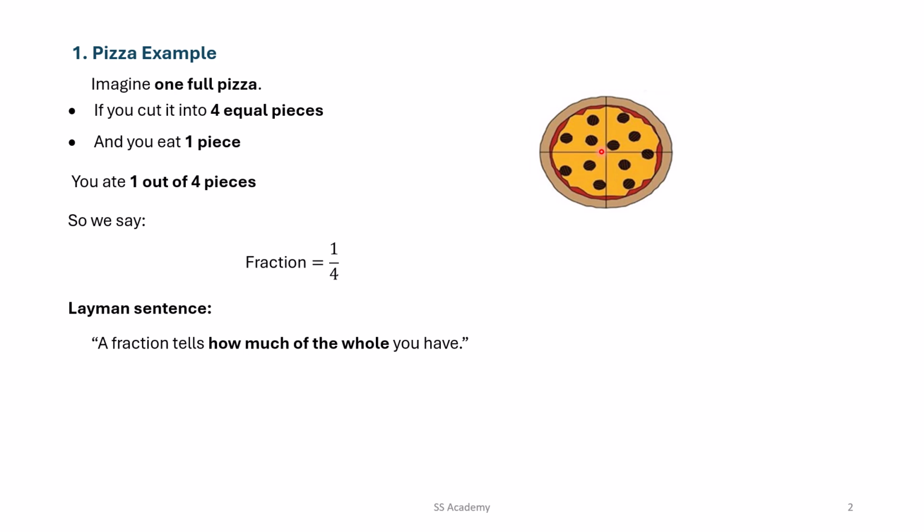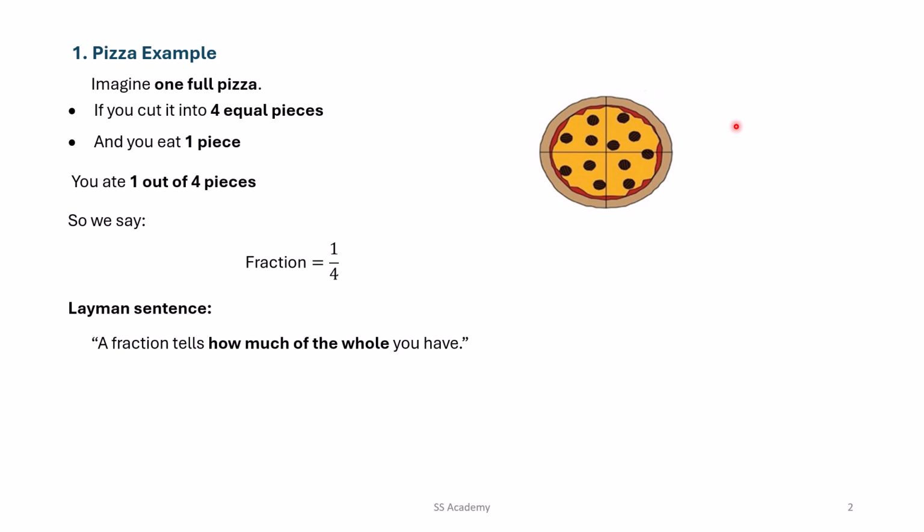Imagine you have one full pizza that represents your whole. If you cut the pizza into four equal parts and you ate just one of them, you have consumed one out of the four parts.